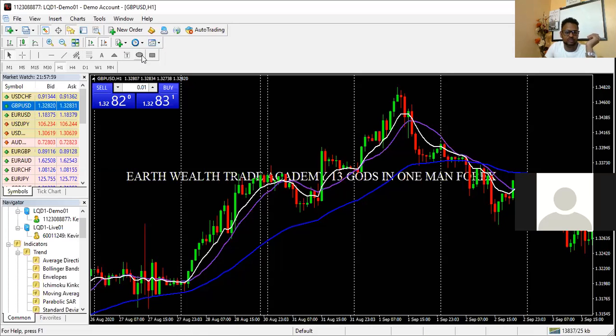So the market contracts right here. That's contraction. Then it expands and goes into a trend. So here, it contracts, expands, and then it goes into a trend, all the way up here.